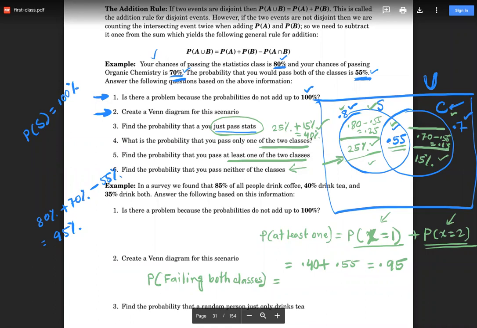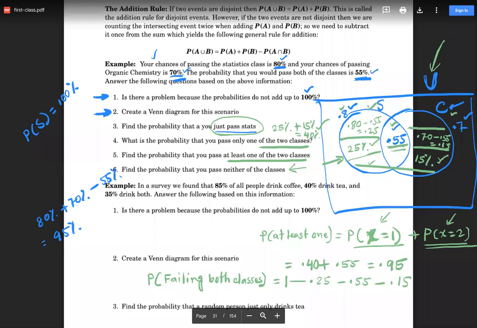Now, you need a little bit of thinking here. Remember, the universal set U is 100% or 1. That means you have to be within this rectangle, minus all the circular regions, which is 0.25, the left one, minus 0.55, the middle overlapping section, minus the right side, which is 0.15.